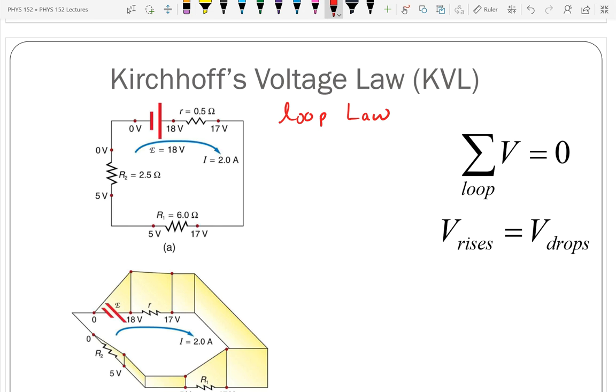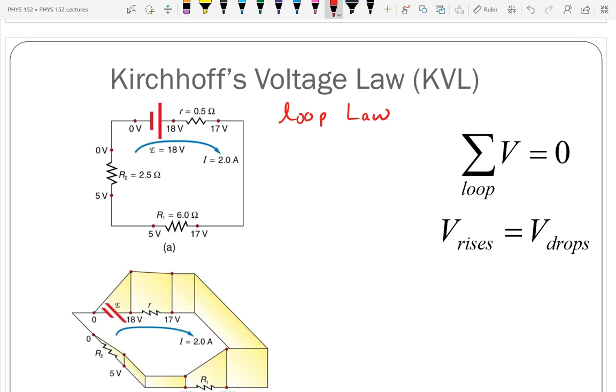In a circuit, it's the same thing. You start somewhere in the circuit, you go all the way around and get back to where you started. It doesn't matter what path you take, you're going to be back to the same potential energy, which means the same potential energy per charge. And what do we call potential energy per charge? Voltage.